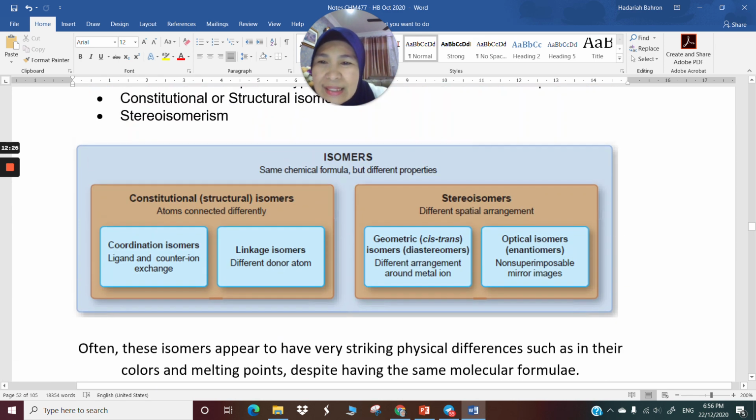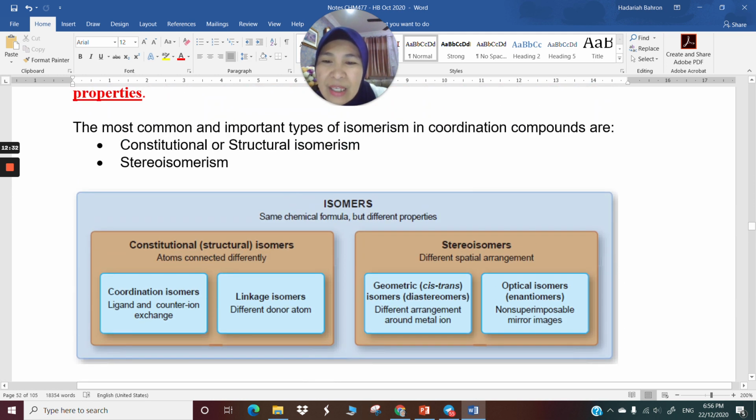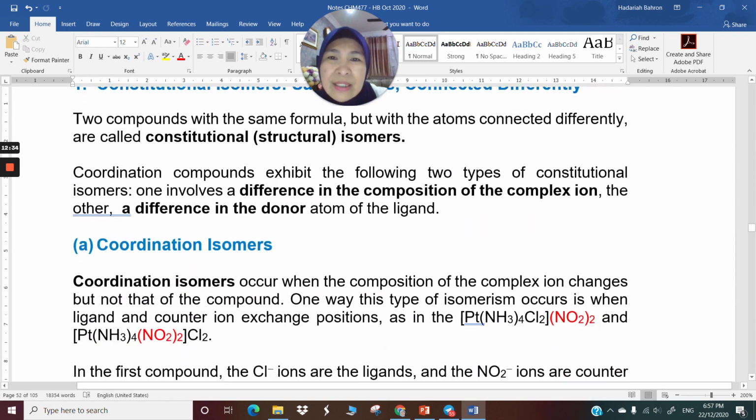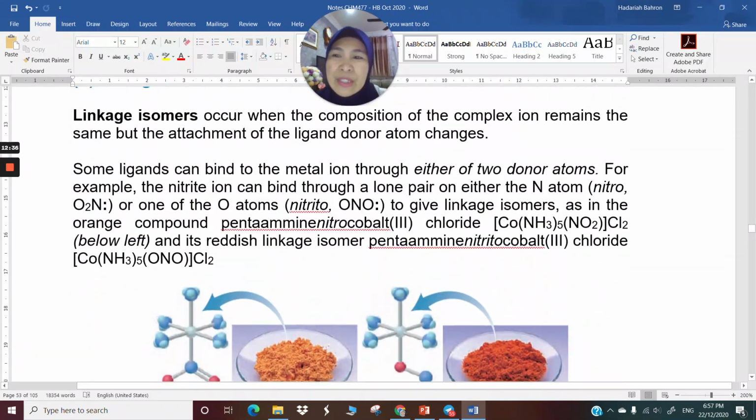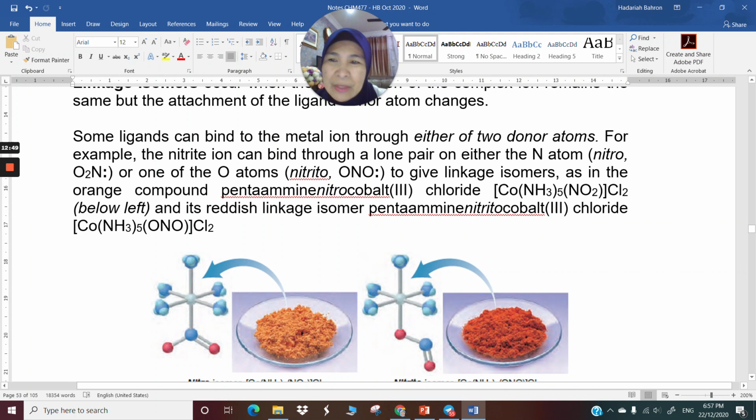The second type of constitutional or structural isomerism is linkage isomers, where you have the same ligand but different donor atoms. Linkage isomers occur when the composition of the complex ion remains the same, but the attachment of the ligand donor atom changes. So how is that happening?